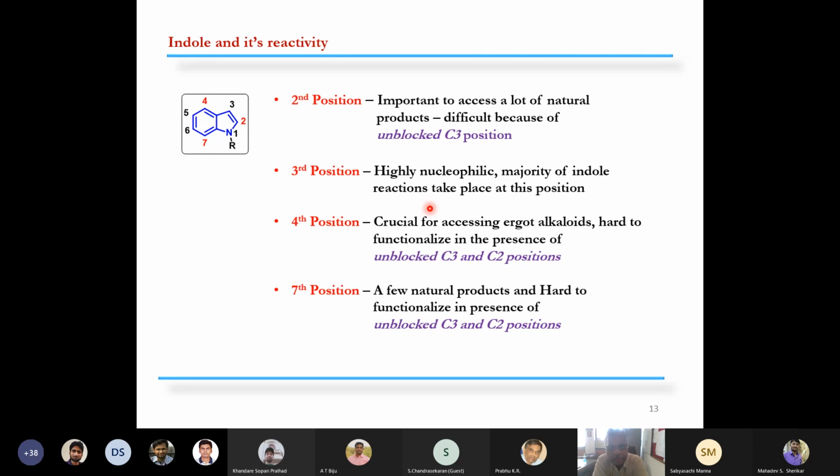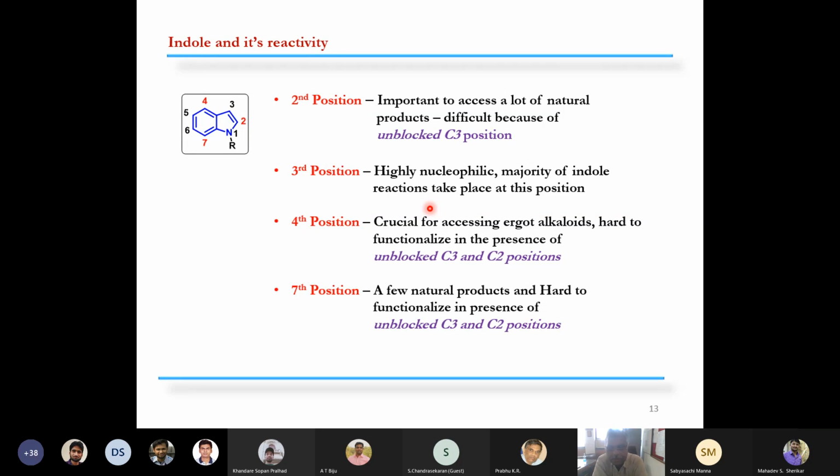That means you cannot activate the fourth position if you have unblocked C3 and C2 positions. That's what I understand. Am I right? Yes, sir.